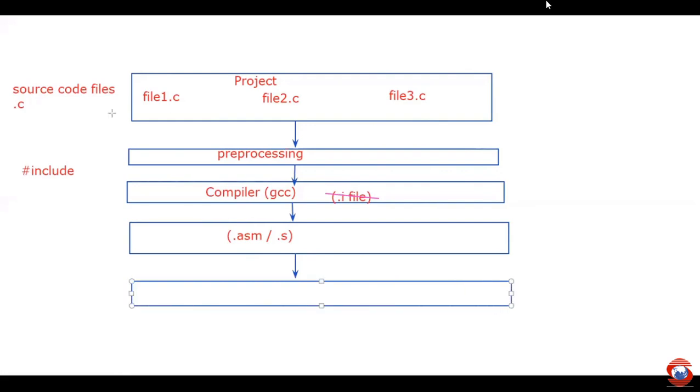So let us say file1.i, file1.s, file2.i, file2.s, file3.i, file3.s. Once these files are generated, then it will generate file1.obj, after that file2.obj, that is the object file, and third, file3.obj will get generated.